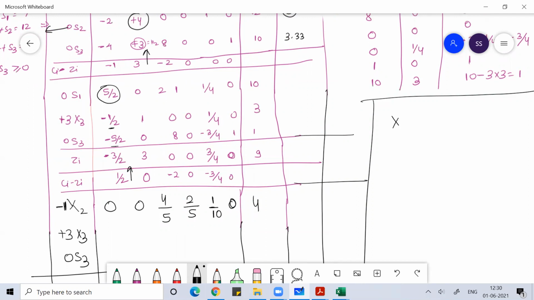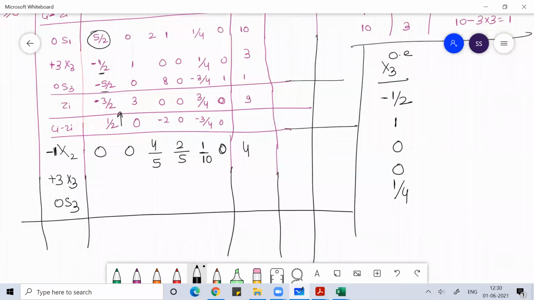So the old element of x3, you can see the values: minus 1 by 2, 1, 0, 0, then 1 by 4, then 0, and then 3. This is the old element of x3.